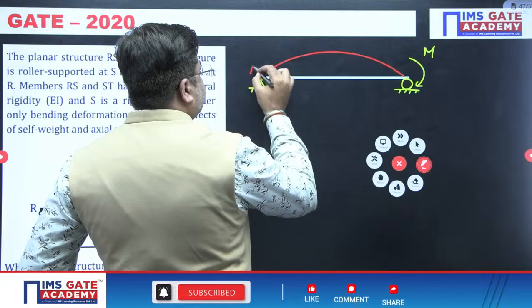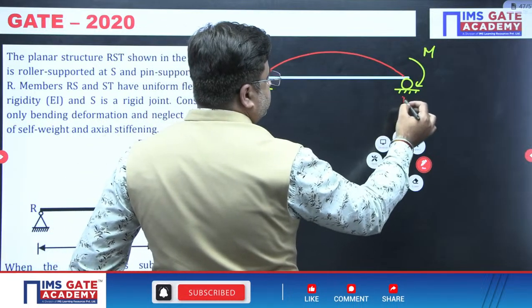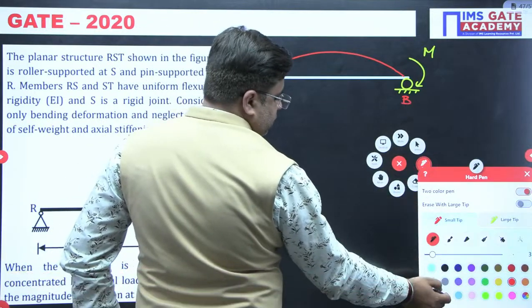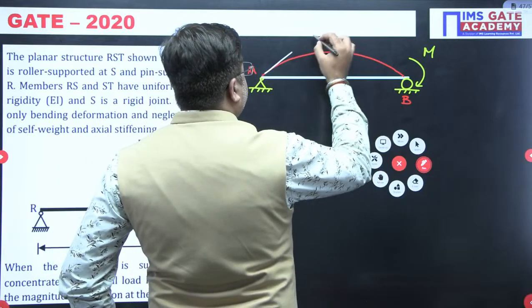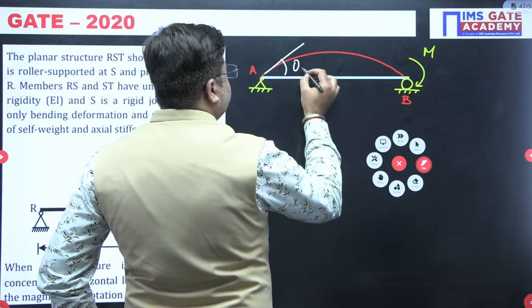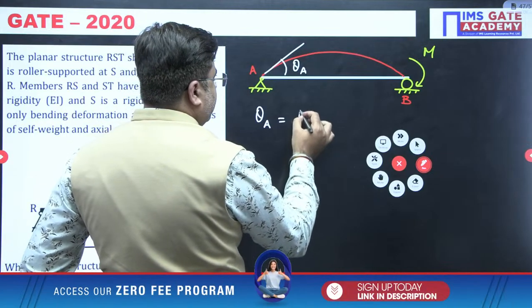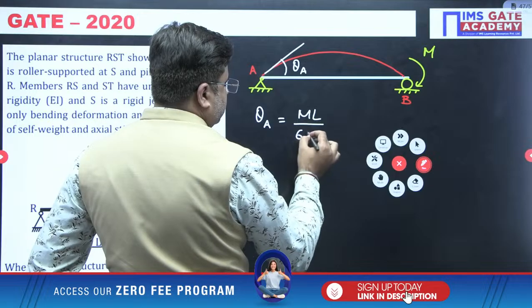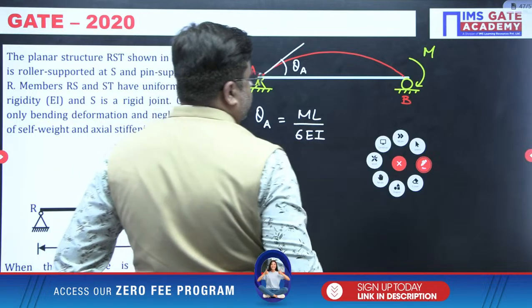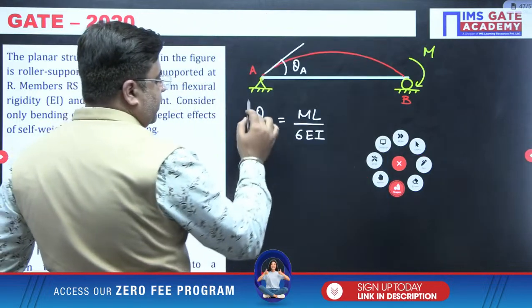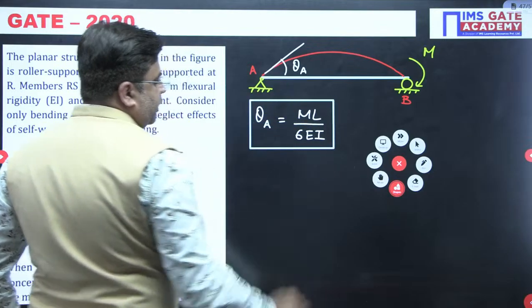So say this point is A, this point is B. So this theta A here is equal to ML upon 6EI. This theta A here is ML upon 6EI, right? Now what are they asking?